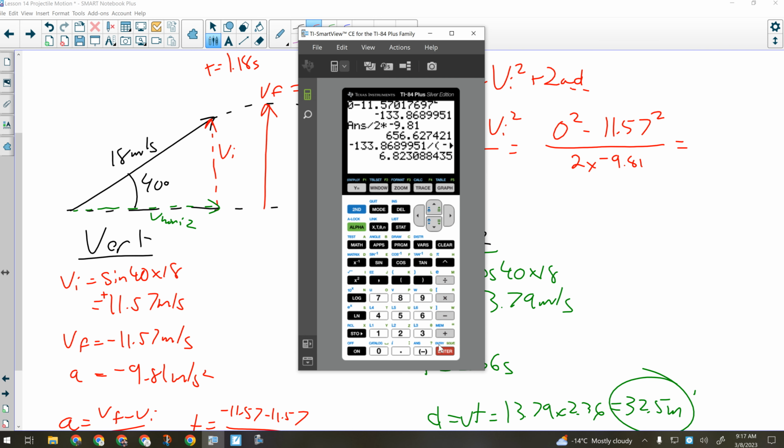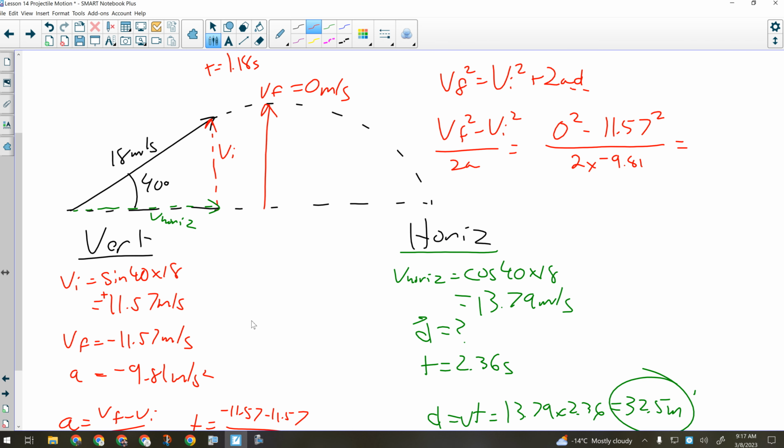I can do it another way, and that is that I can use that half of the time and use this formula instead. VI times T plus 1/2 AT squared.